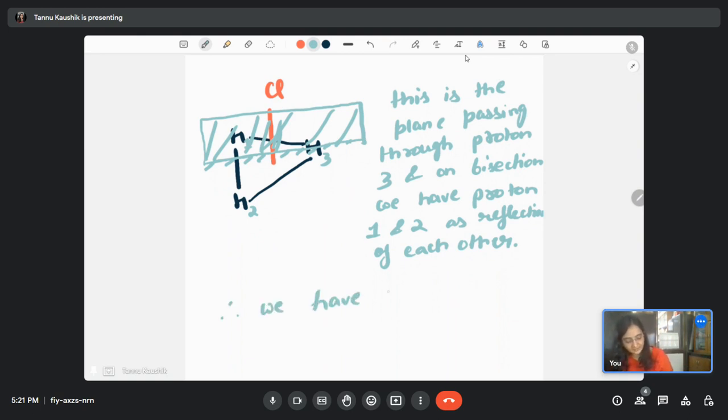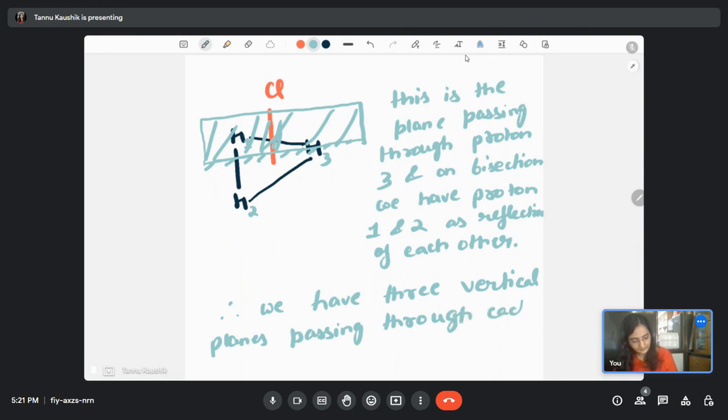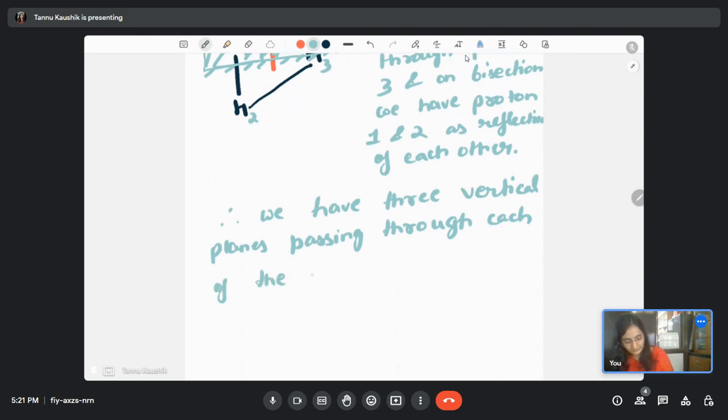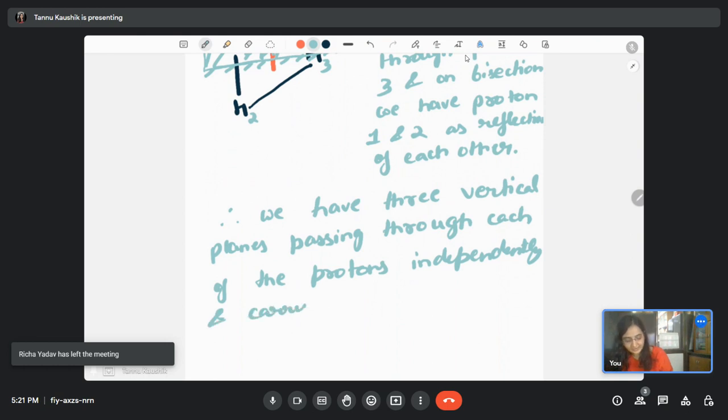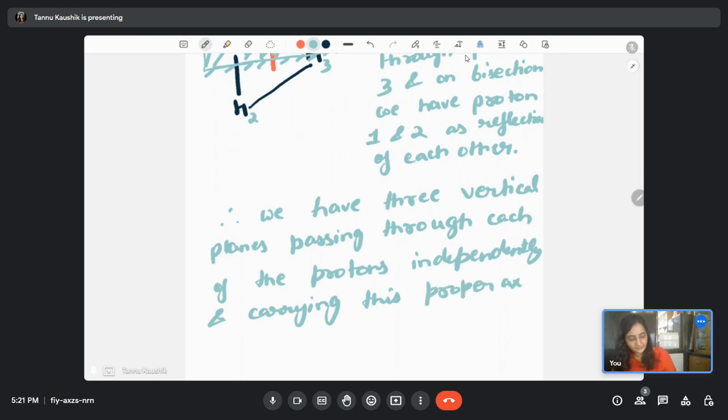Therefore, we have three vertical planes here, three vertical planes passing through each of the protons, and carrying the proper axis of rotation, C3, on its plane.